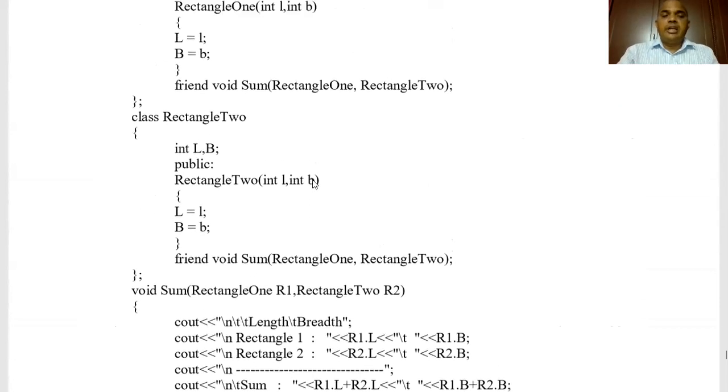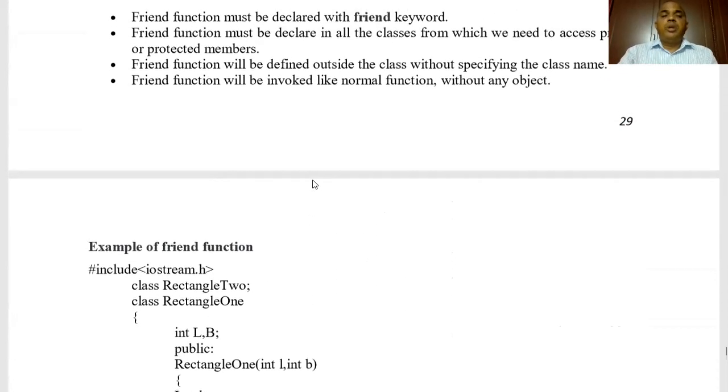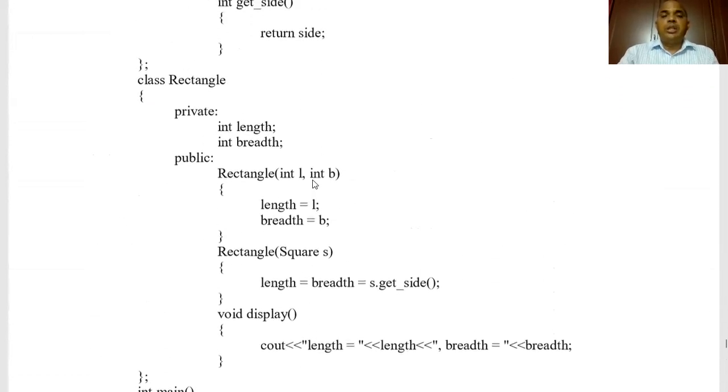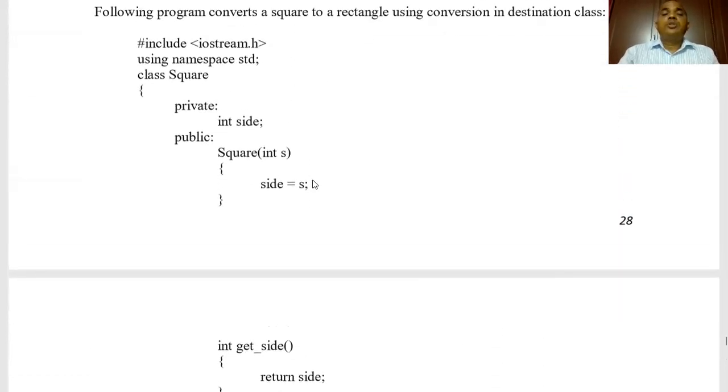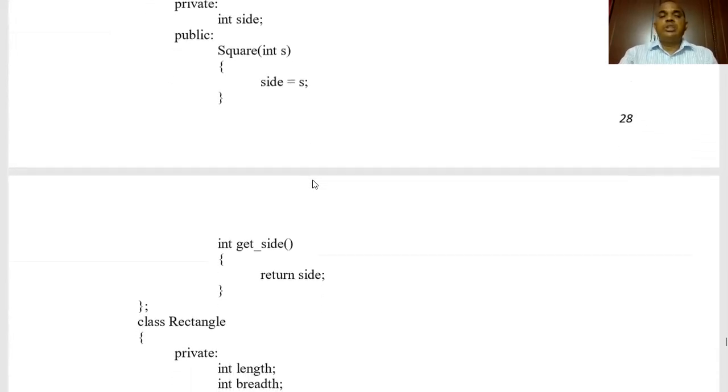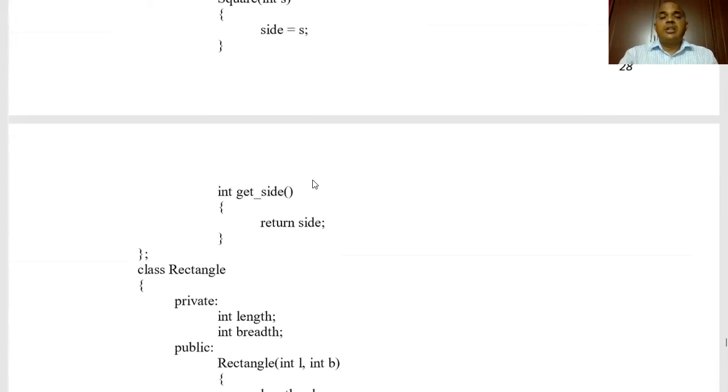Simply, what is inheritance? In Telugu, it is varasatvam. Here the child uses the parent's properties. The children are the derived classes, the parents are the base classes.